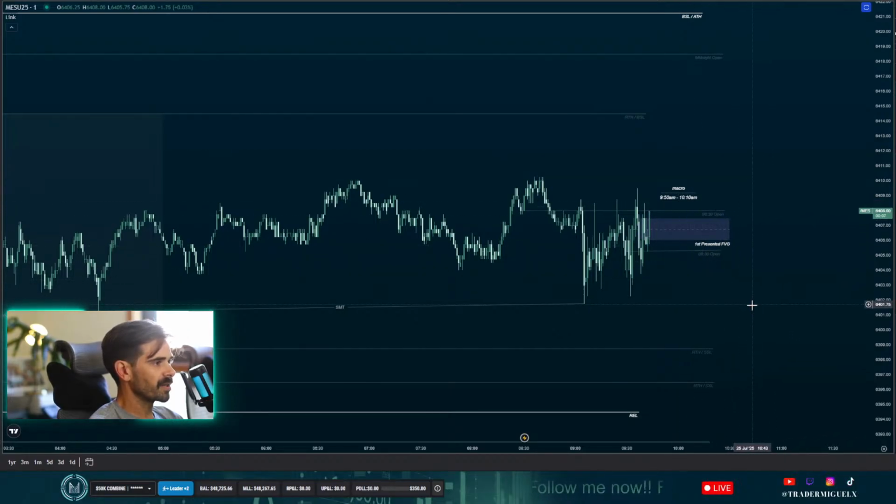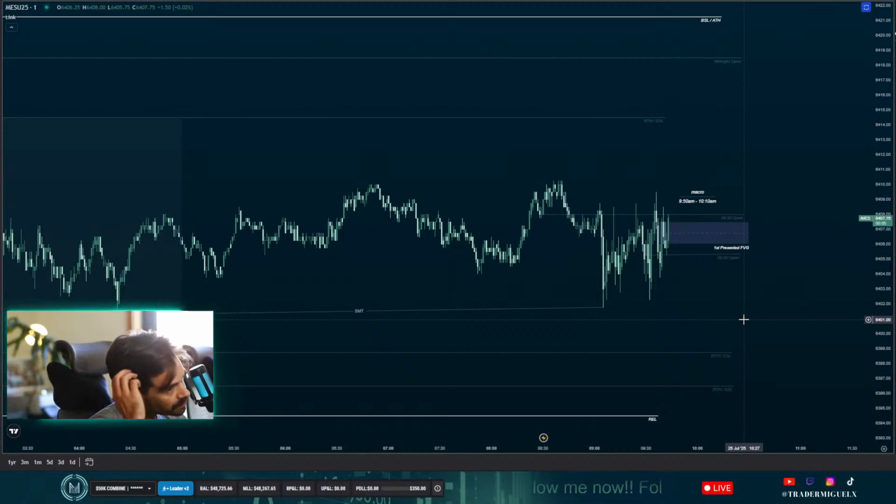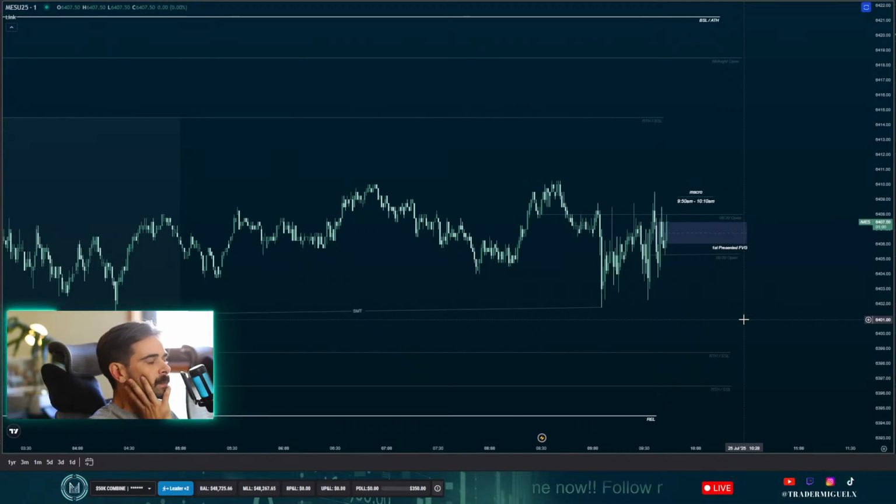Disrespecting 830 open and supporting above it. Meanwhile, NQ is already playing above the first presented fair value gap.